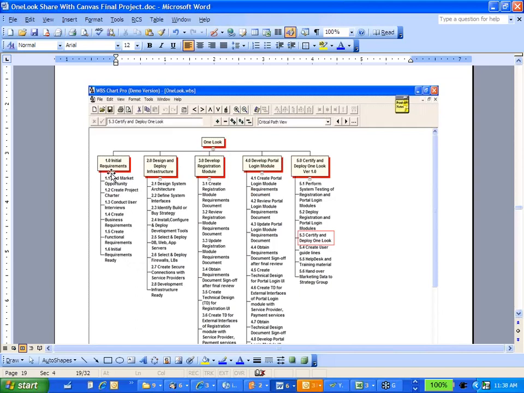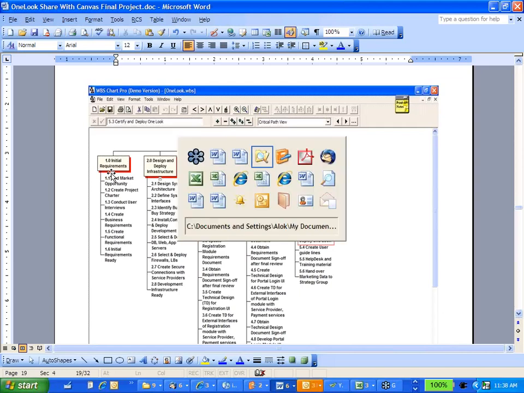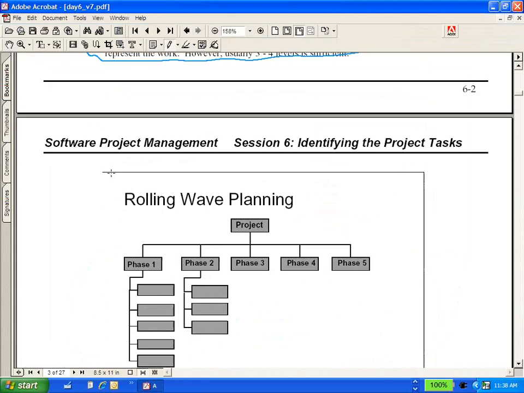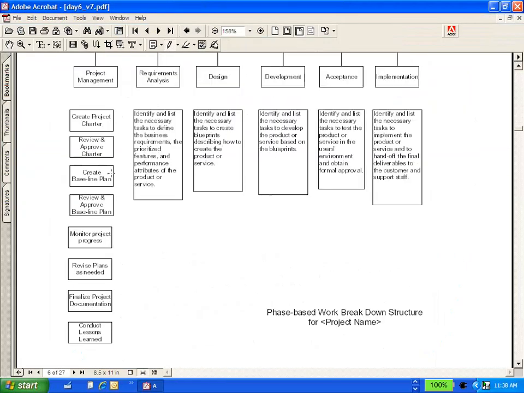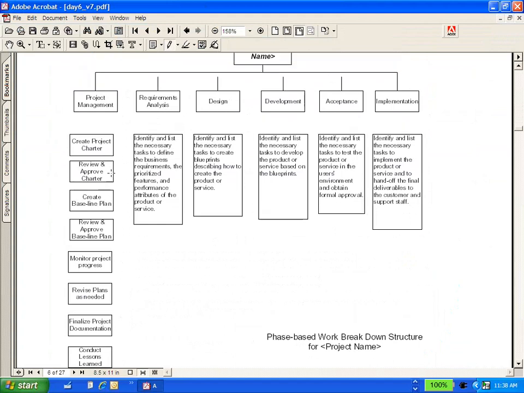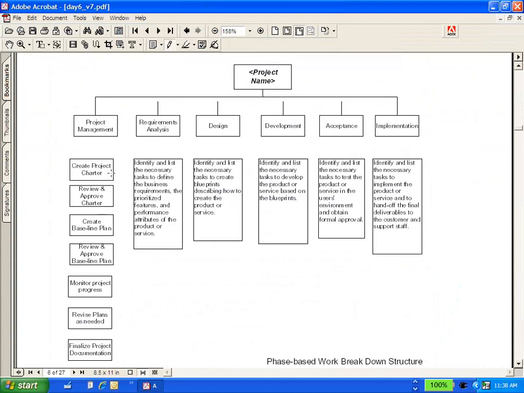I think this looks like SDLC. It does. We have different SDLC phases as the second level. Absolutely. In fact, if you see page 6 of day 6, it says that you can even create your WBS based on the SDLC. That's the kind of approach I took.